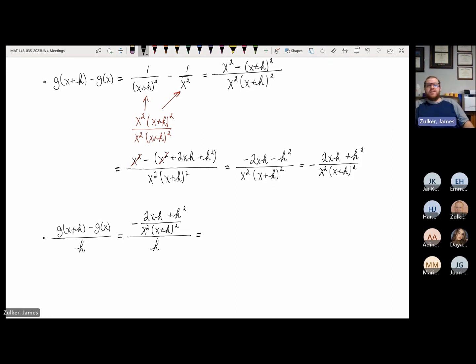When you have a complex fraction like this, what's the rule? So what's the rule for simplifying a complex fraction?